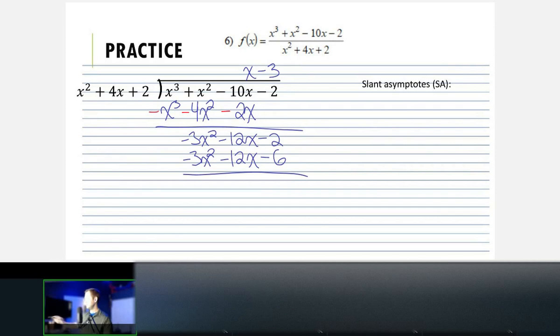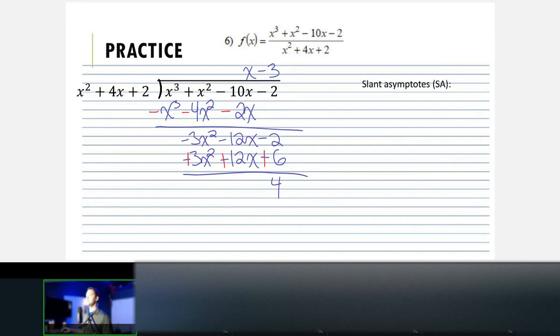All right. From this step, what do I do again? Flip the signs. So this one becomes a positive, becomes a positive, becomes a positive. And then negative 3x squared plus 3x squared cancel out. Negative 12x plus 12x cancels out. And then negative 2 plus 6 is positive 4. So we do get remainder 4.